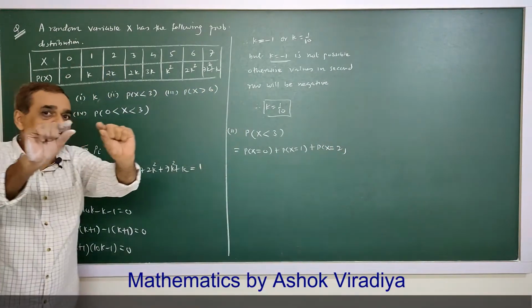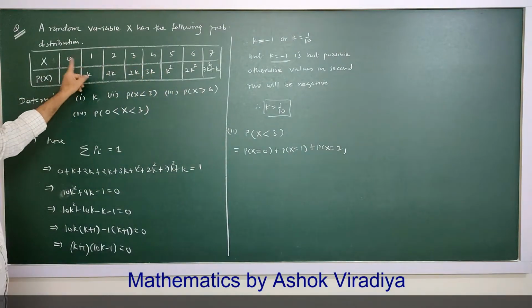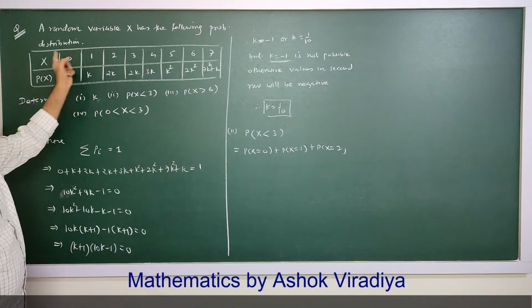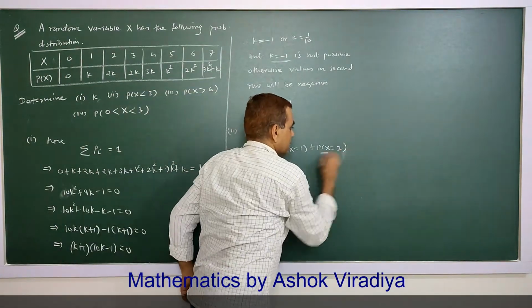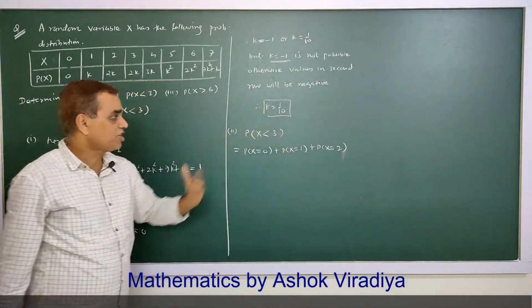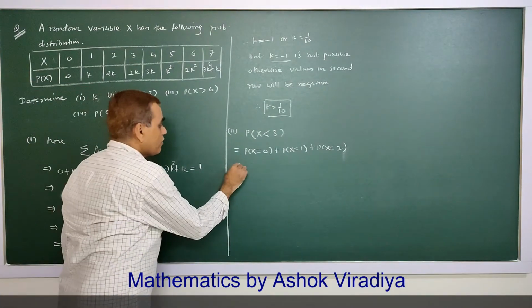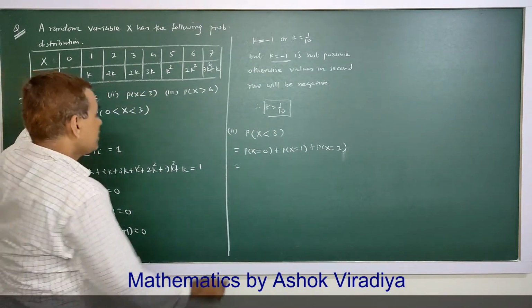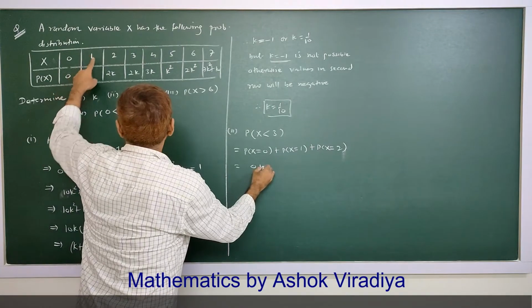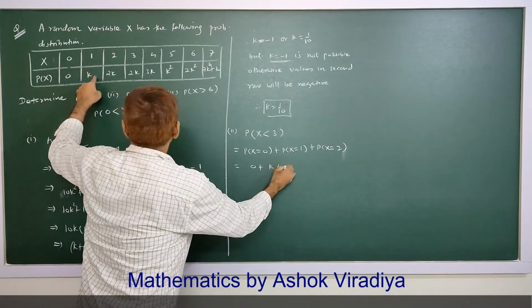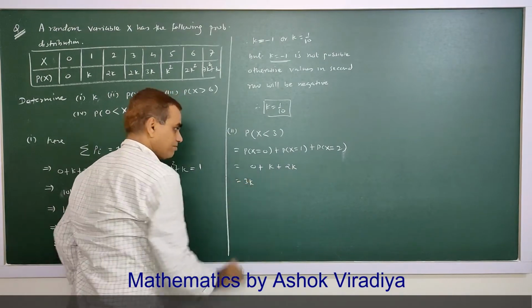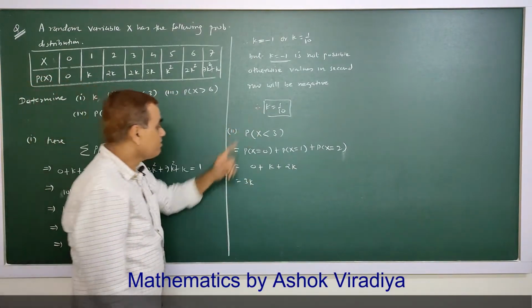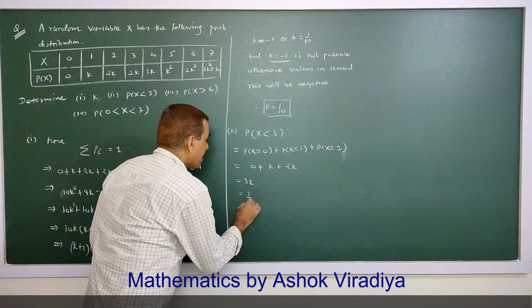So observe the first row and sum the probabilities of the numbers satisfying this condition. Probability of 0 is 0, probability of 1 is k, probability of 2 is 2k. So this is 3k, and k is 1 by 10, so it is 3 by 10.